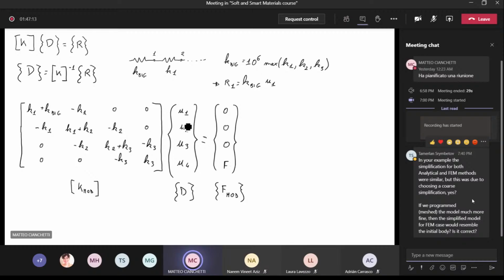Now you can easily notice that this matrix is not singular anymore, because we have now this K big, which prevents it from being singular.